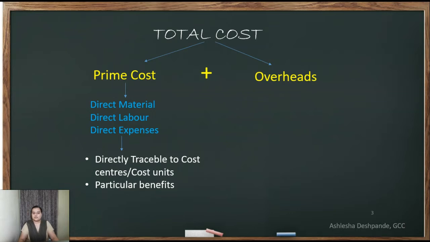Okay. Now when it comes to overheads, what is the composition of overheads? Overheads are composed of indirect material, indirect labor and indirect expenses. Why indirect? The explanation is exactly opposite to that of direct.